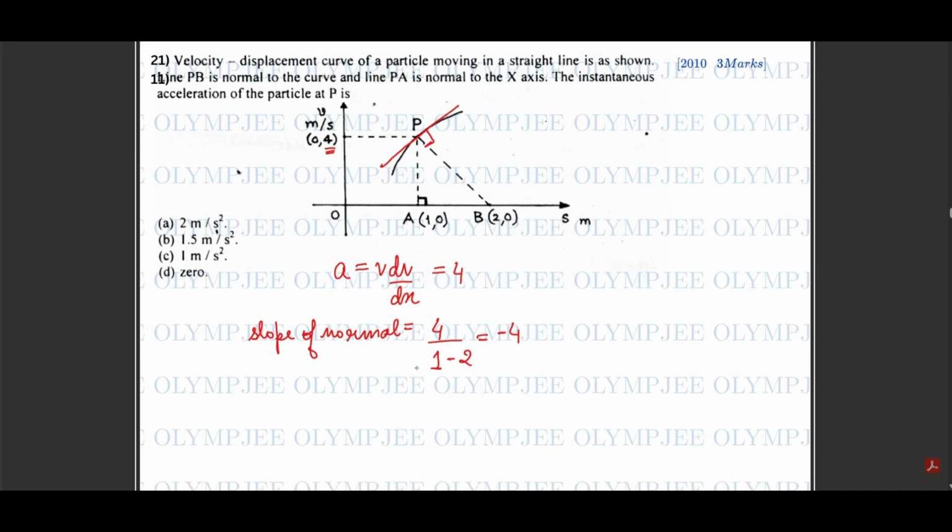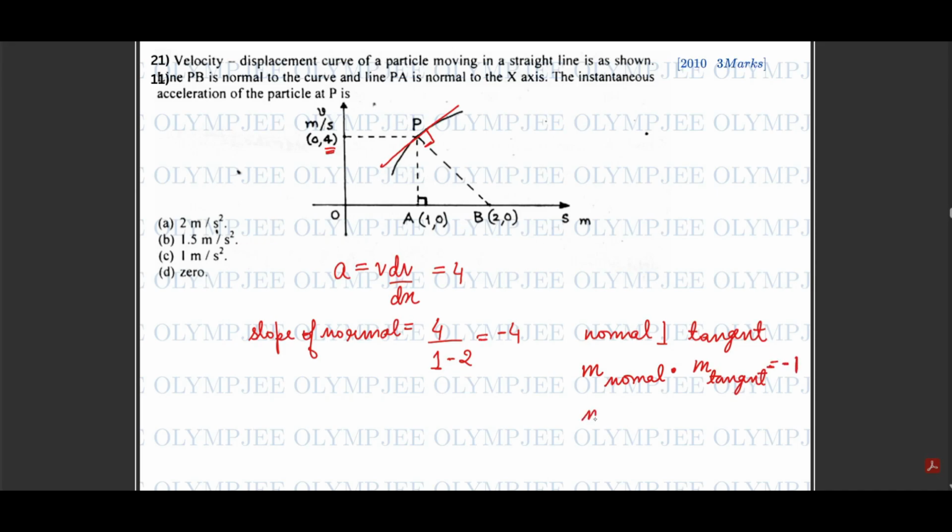And we know that the normal is perpendicular to tangent. So the slope of normal and the slope of tangent should be equal to minus 1.